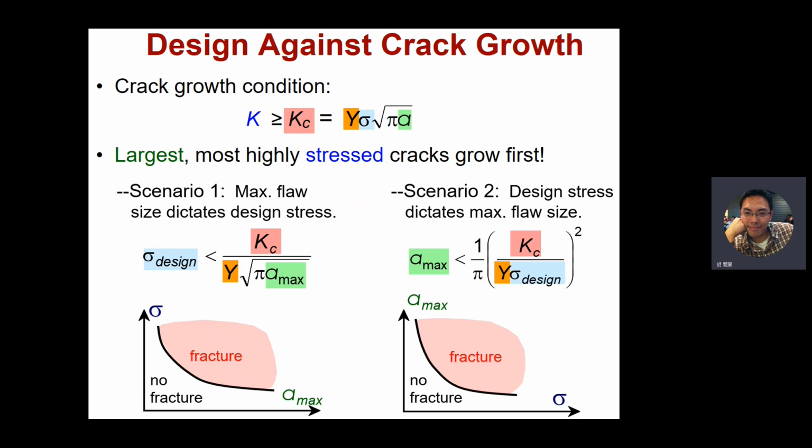So for the crack growth condition, if the stress intensity K is greater than what? The critical fracture toughness. Right, we already mentioned here.